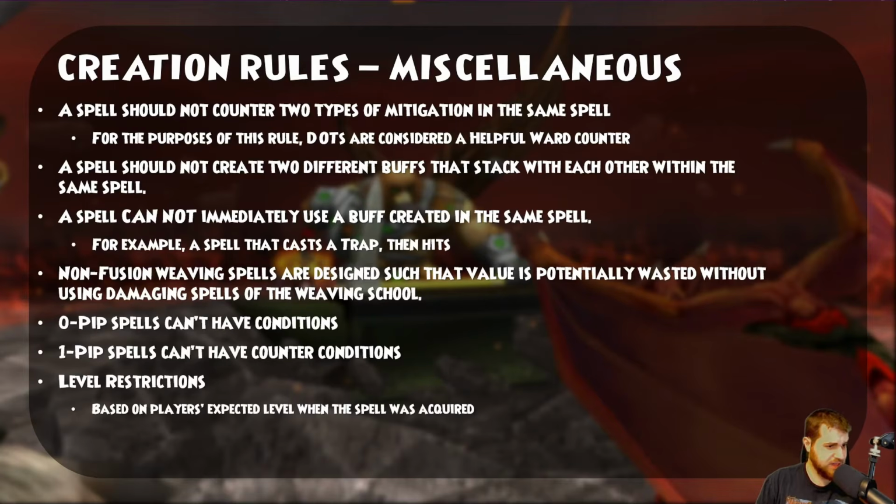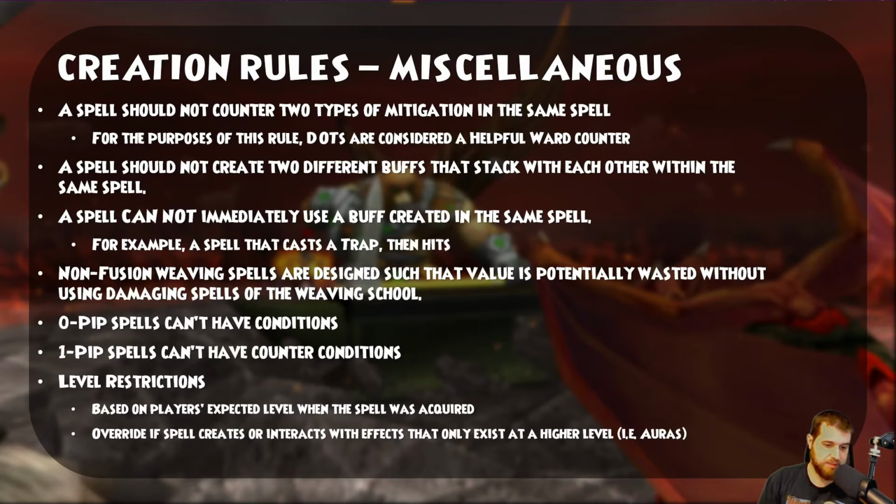Level restrictions. This one is new as of this current test realm that's running for spring 2026. Rule number 1: they're based on players' expected level when the spell was acquired. So if you get it at level 100, that's where the level restriction would be. We override that if the spell creates or interacts with an effect that only exists at a higher level, which is why you'll see Stormzilla and I think Triton both have level 60 level restrictions on their third paths.